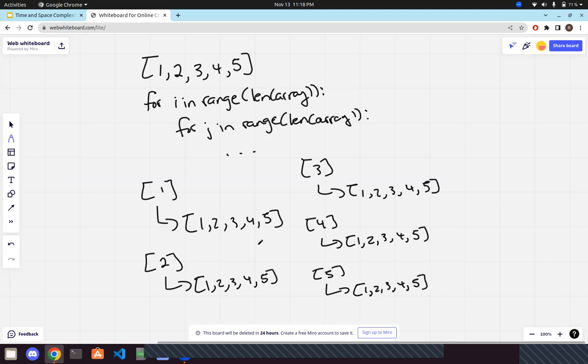Notice that we traversed the array in squared proportionality. Well, say proportional to the squared size of the input array.